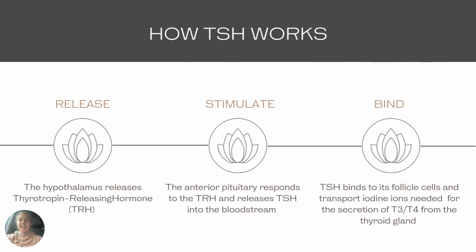From there, it travels through our bloodstream down to our thyroid and binds onto the follicular cells, where it will transport iodine ions, which are needed for the secretion of our T3 and T4 hormones from the thyroid gland.